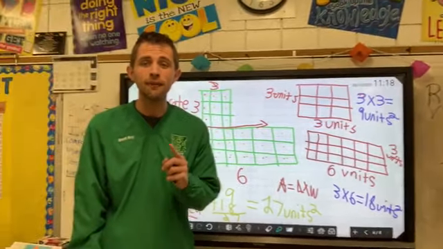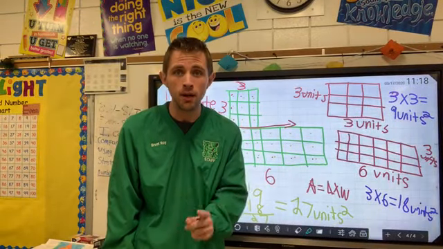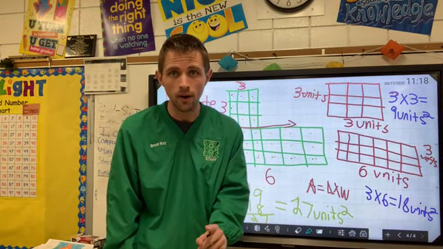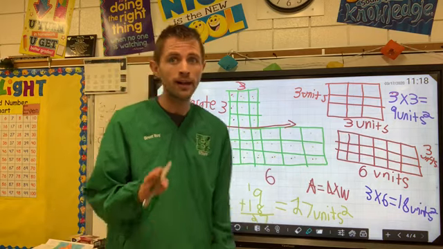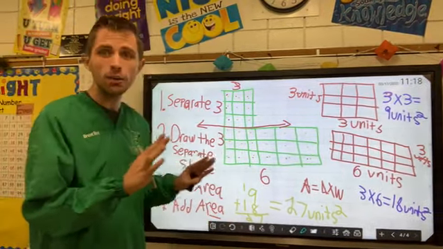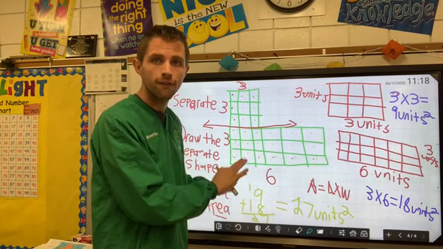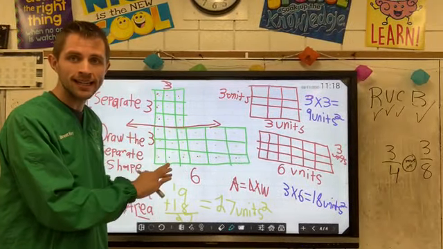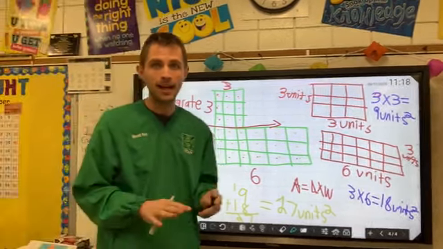Do not forget that for area, you have got to put squared, okay? We don't do that for perimeter, but we do it for area. Okay, so that was kind of a review for what we did on Monday.